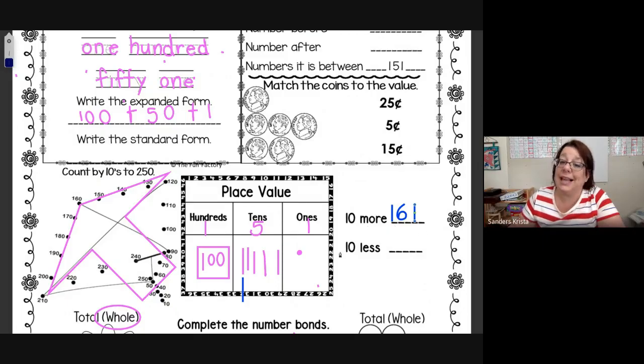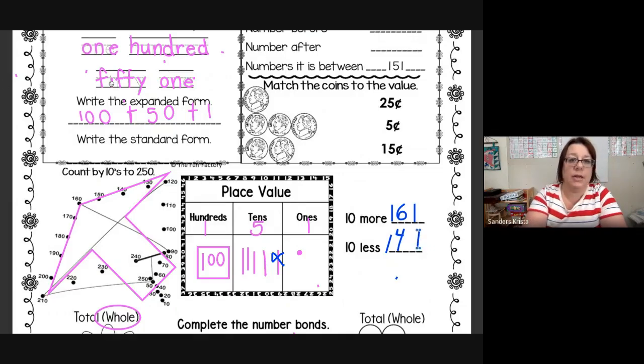What is 10 less than 151? Well, we would take away that 10 stick and we would cross out. So 151, what's 10 less? We would take away a 10 stick. So then our 100 still stayed the same. I had 5 tens before. Now how many do I have? 4 tens and 1 one.